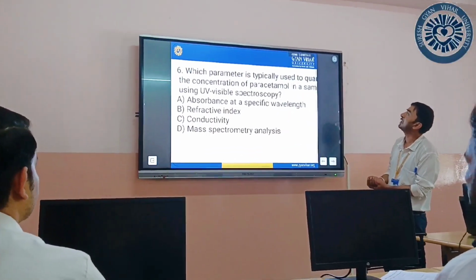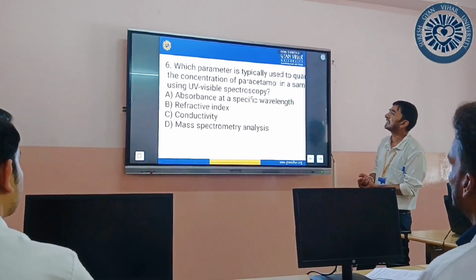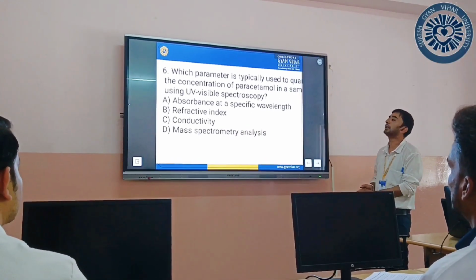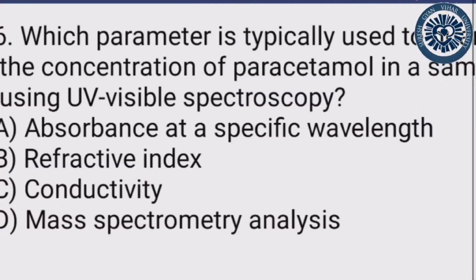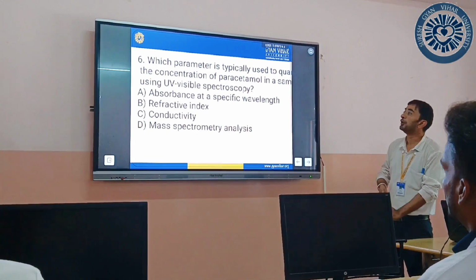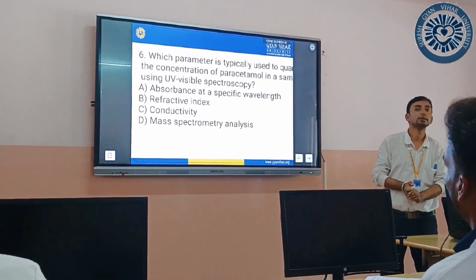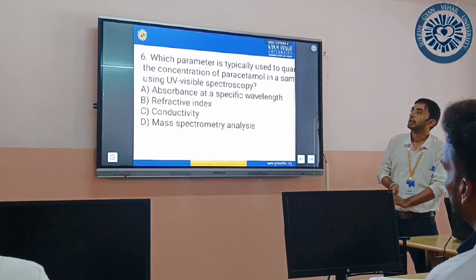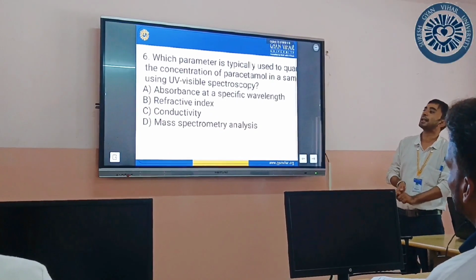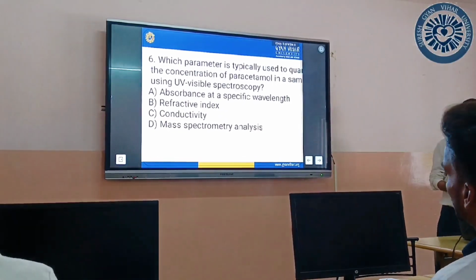Which parameter is typically used to quantitate the concentration of paracetamol in a sample using UV visible spectroscopy? Which parameter is generally used among these parameters? Is it absorbance, refractive index, conductivity, or mass spectrometry?